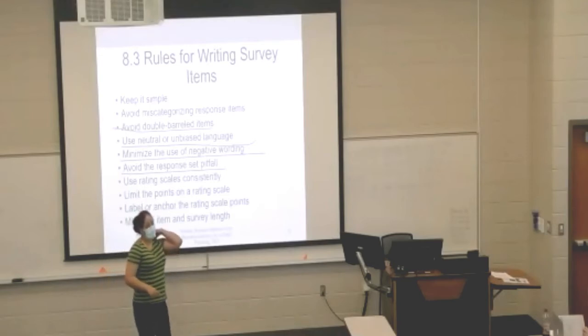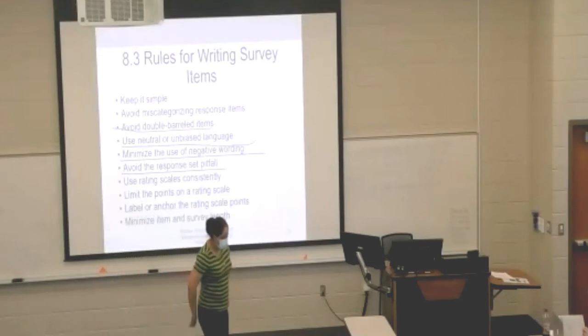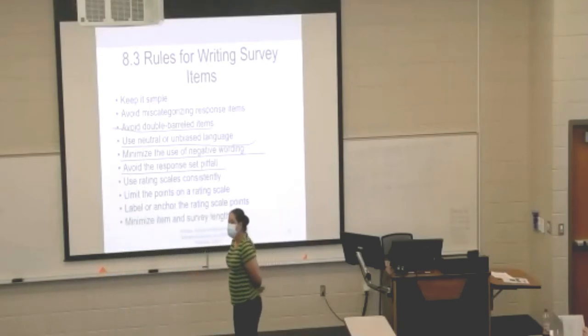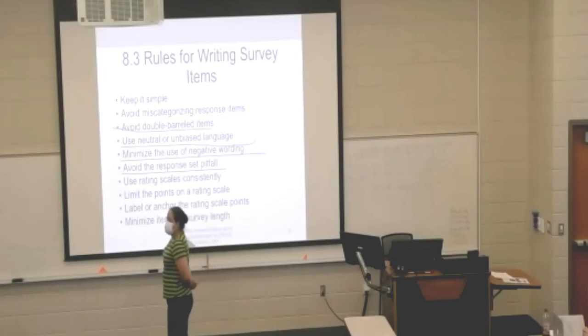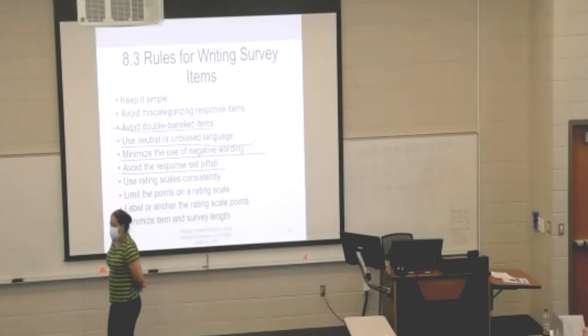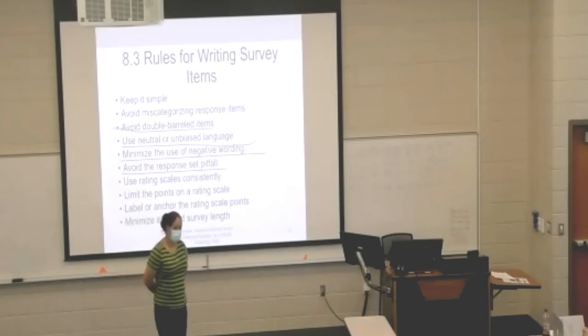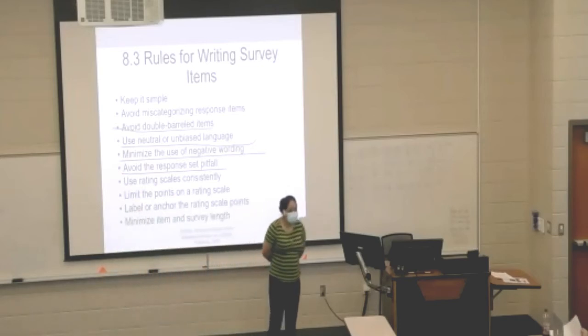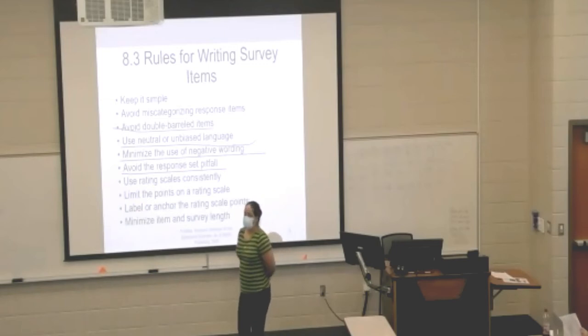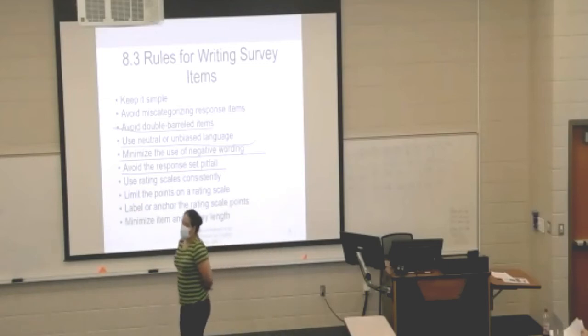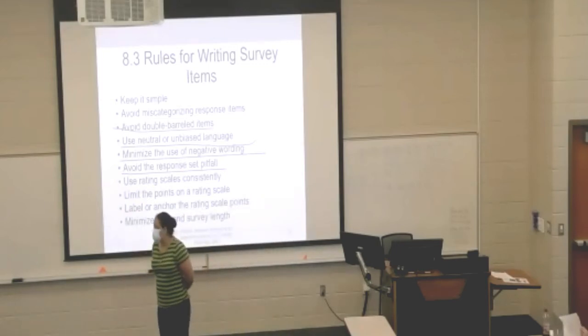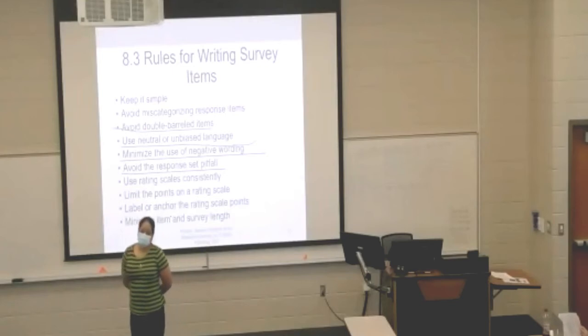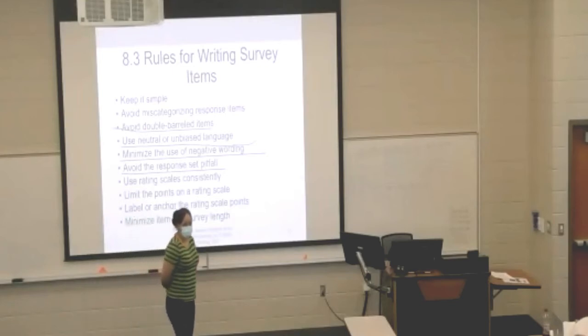For example, we have, I like so-and-so burgers. You can say something like, I don't like so-and-so burgers, right? So now you're using a reverse item. Or you can say, I dislike so-and-so burgers, but then further along the assessment, you can say, so-and-so burgers are my favorite.